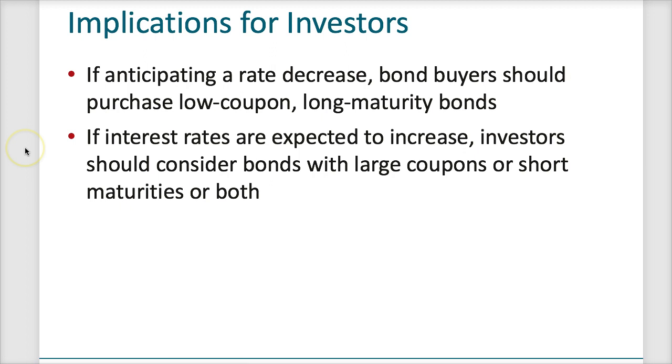Okay, so what does this mean for investors? If you anticipate a rate decrease, bond buyers should purchase low coupon bonds with long-term maturities to get the maximum benefit. So if interest rates are going down, buy those longer term maturities. If interest rates are expected to increase, you want to consider bonds with larger coupons and shorter maturities.